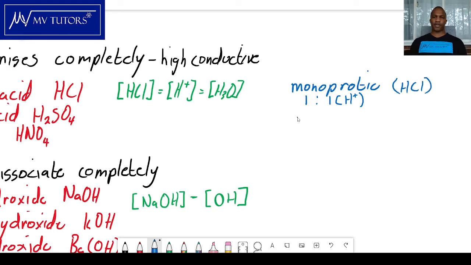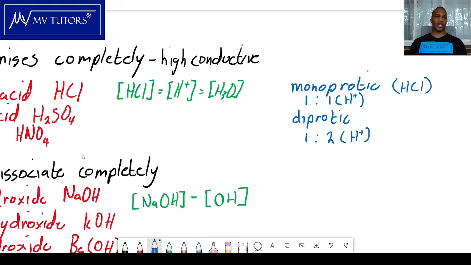Now for a diprotic acid, 1 mole of a diprotic acid equals 2 moles of your hydronium. How do you spot a diprotic acid? It has 2 H's.